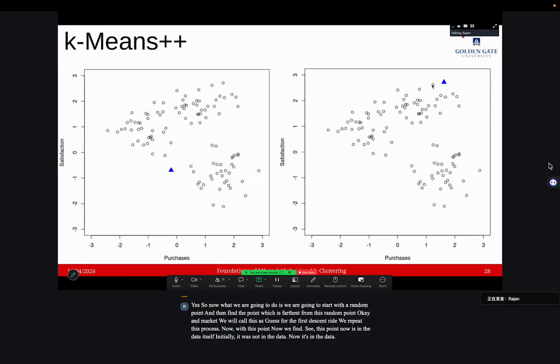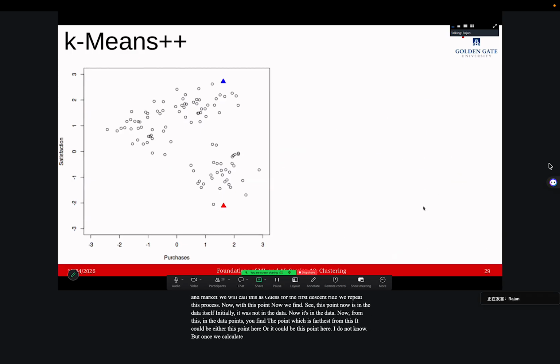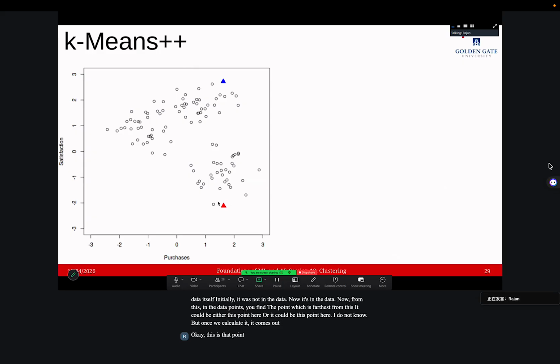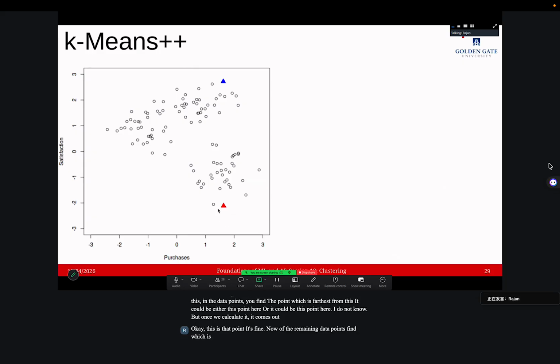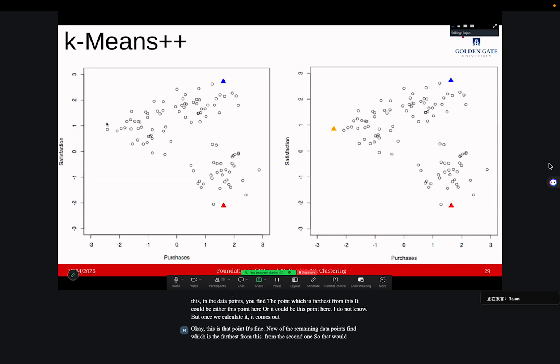Now from this, in the data points, you find the point which is farthest from this. It could be either this point here or this point here. I do not know, but once we calculate it, it comes out. Okay, this is the farthest point. Now of the remaining data points, find which is the farthest from the second one. So that would obviously be this third one.